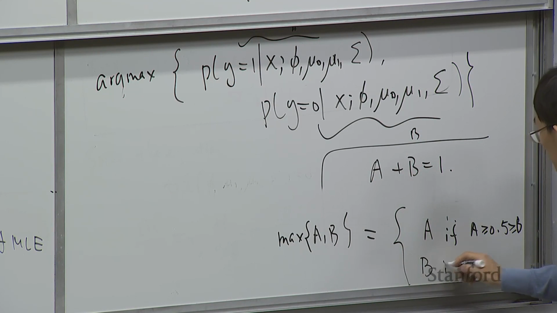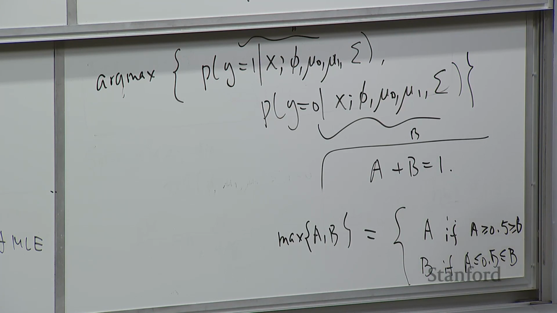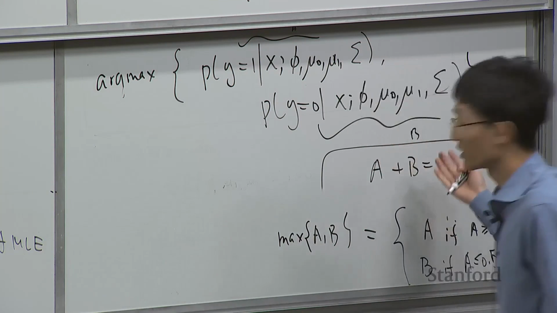And it's going to be equal to B if A is less than 0.5, because that also implies B is bigger than 0.5. So basically, you just care about whether A is bigger than 0.5 or not.